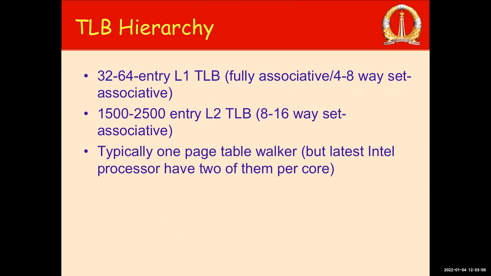The first level, with 32 or 64 entries, is fully associative, or maybe 4 or 8-way associative, whereas the second level is 8-way or 16-way associative. Typically there is one page walker per processor or per core, but some of the recent Intel processors also implement 2 page walkers so that the page walk could be done in parallel by these 2 walkers.